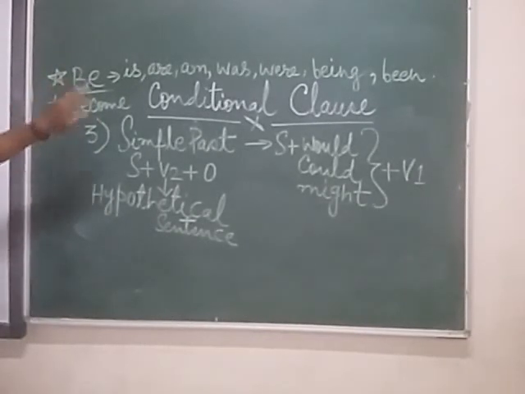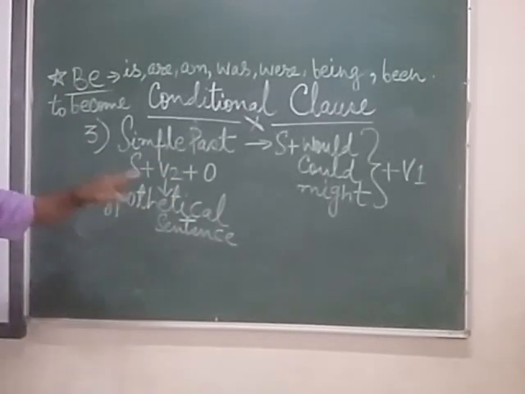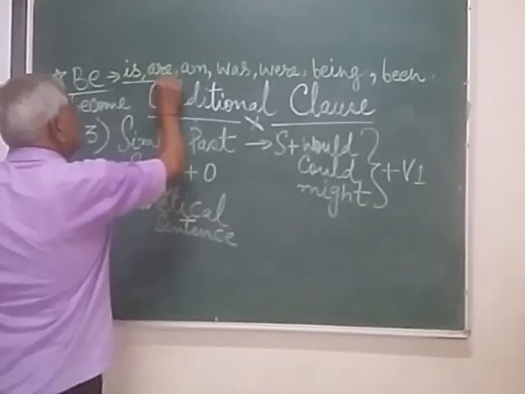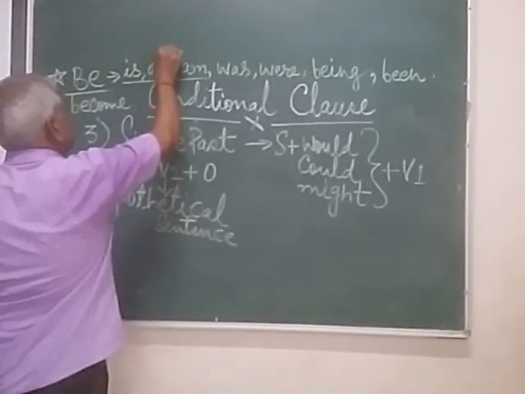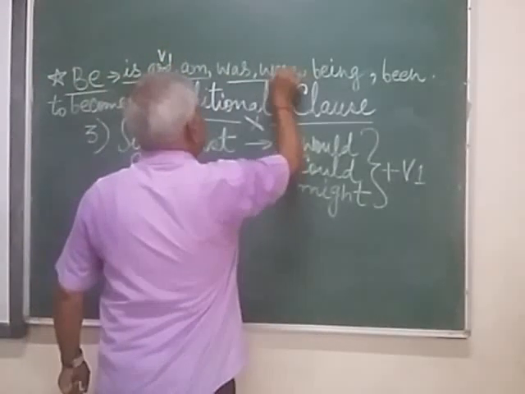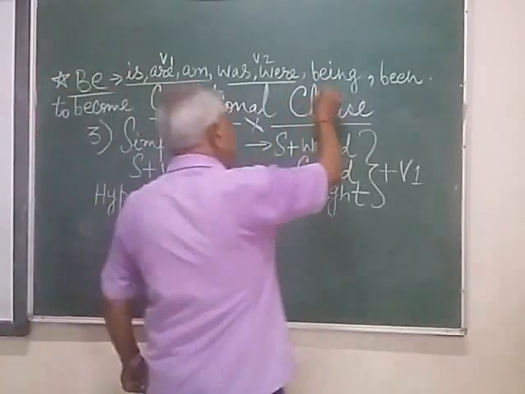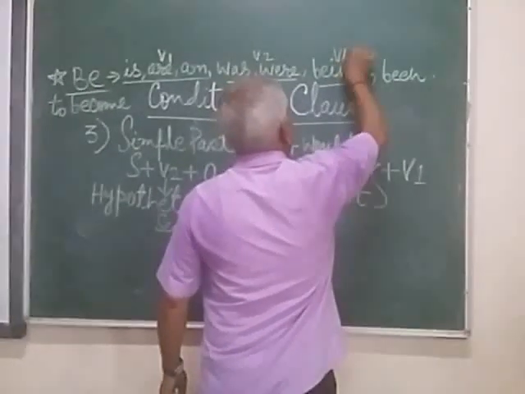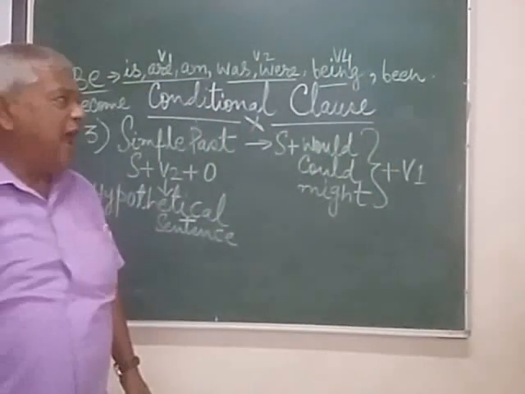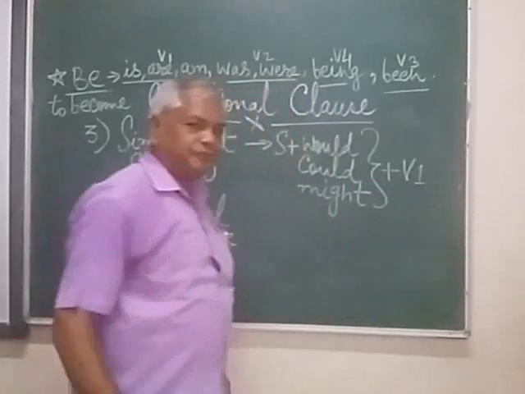And that we use in the simple past, that is, the hypothetical sentence. So is, are, am is V1. Was, were is V2. Being is V4. And the word be, that is V3.